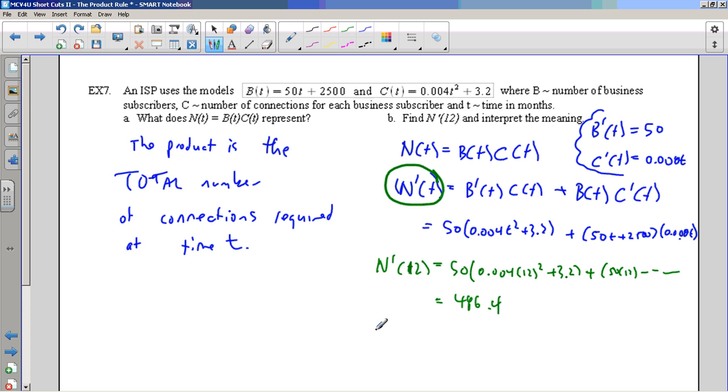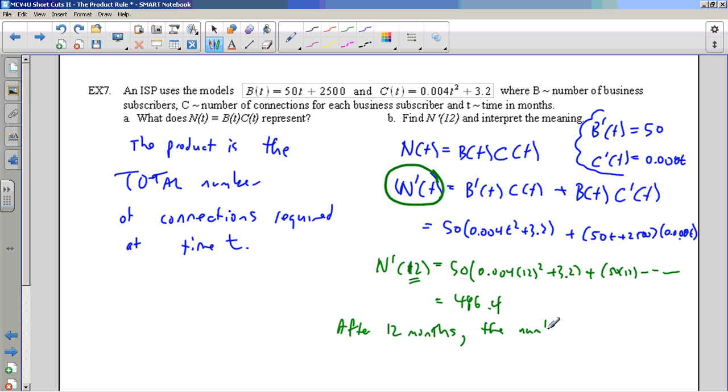This means after 12 months, because t is 12, the company needs 486 more connections per month.